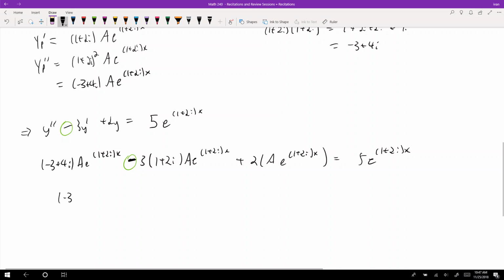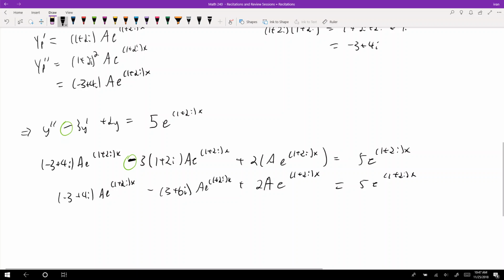So negative 3 plus 4i, a e to the 1 plus 2ix, minus, this becomes 3 plus 6i in parentheses, a e to the 1 plus 2ix, plus 2, a e to the 1 plus 2ix, equal to 5e to the 1 plus 2ix.